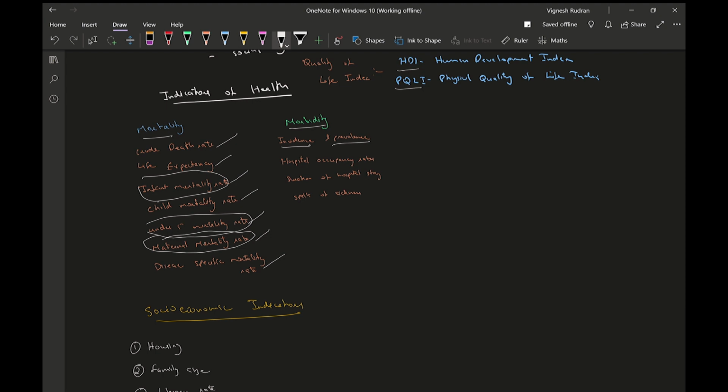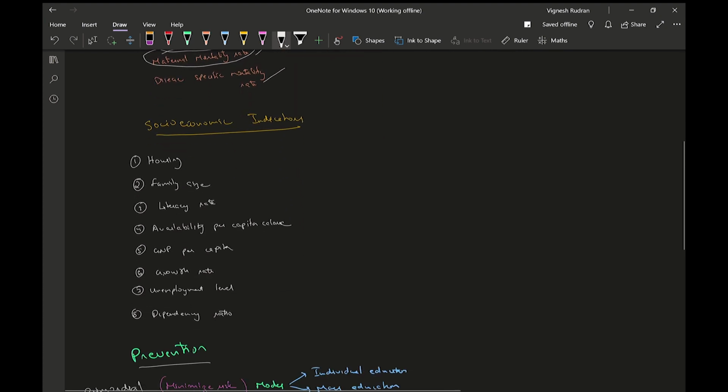So prevalence will give you an idea of how prominent a disease is in a place, whereas incidence will help you understand how a disease is spreading or growing in a region. And your hospital occupancy rates, your duration of hospital stay, and your spells of sickness, all these things are your morbidity indicators.